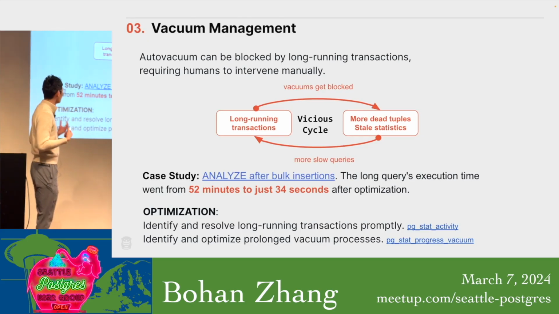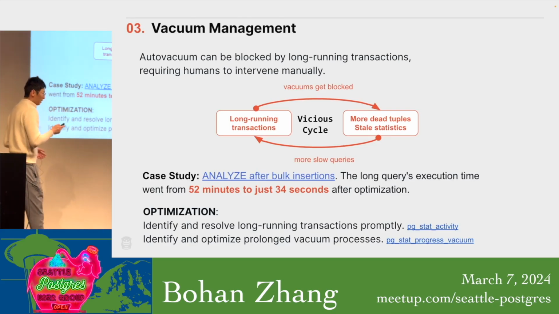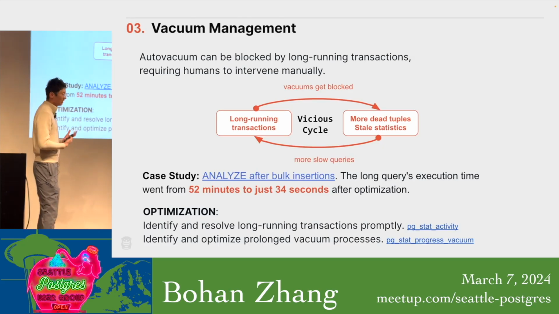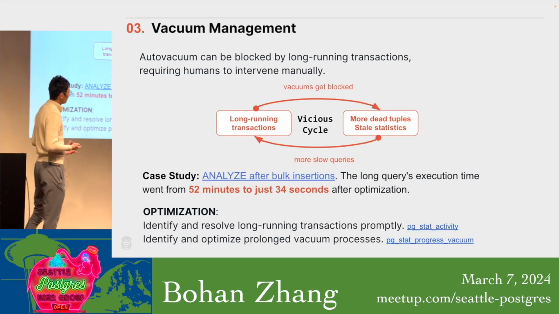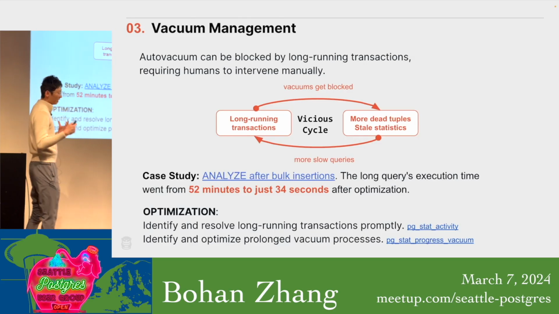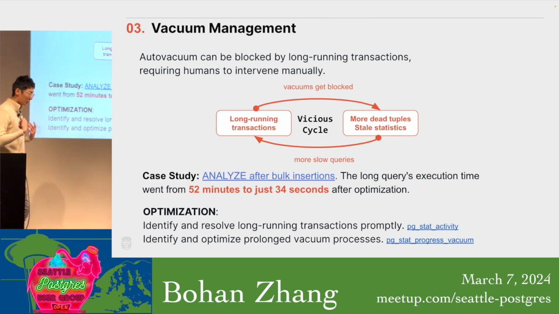So this requires immediate human intervention to identify such long-running transactions and kill them or improve their performance. We should also use statistics to identify long vacuum processes. For example, if the vacuum takes too long to finish, we need to identify the process and try to optimize that.